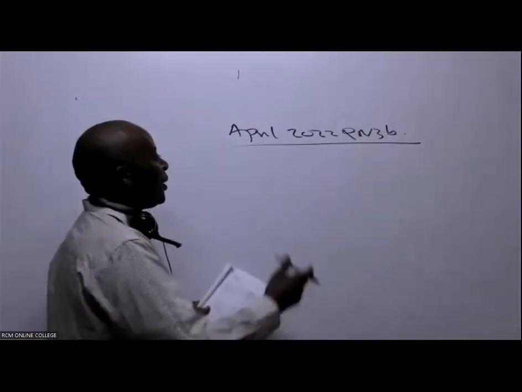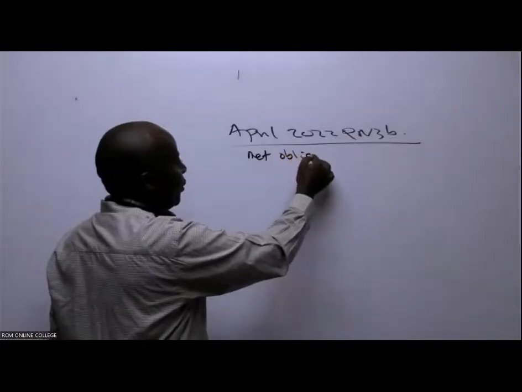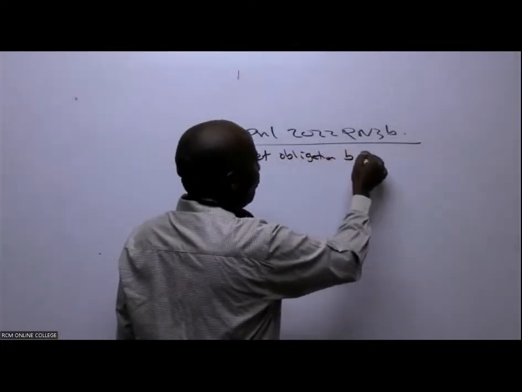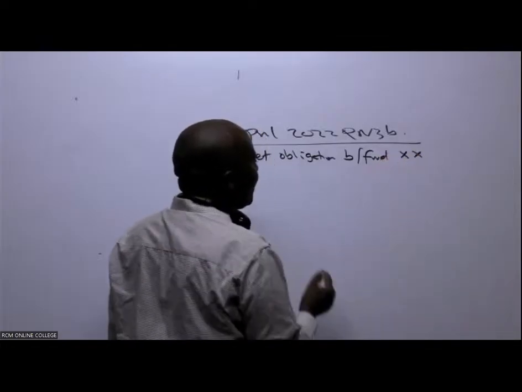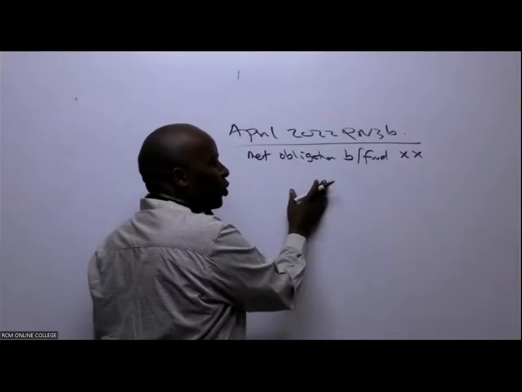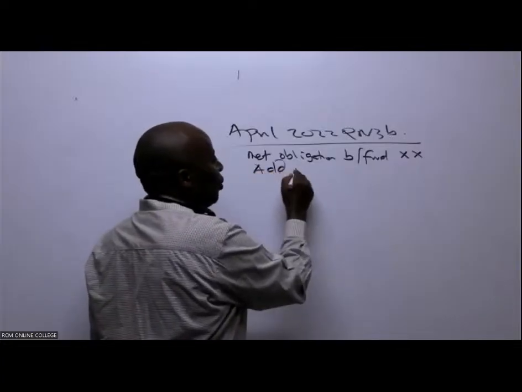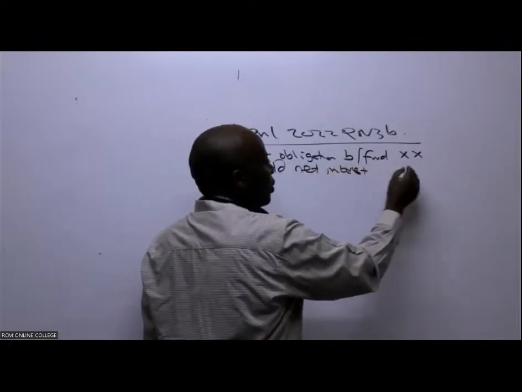What do we do? Ladies and gentlemen, this is what we do. We normally take the net obligation brought forward. This net obligation brought forward, you assume it's a loan which has been given to you. So you add interest, you add net interest on this obligation.